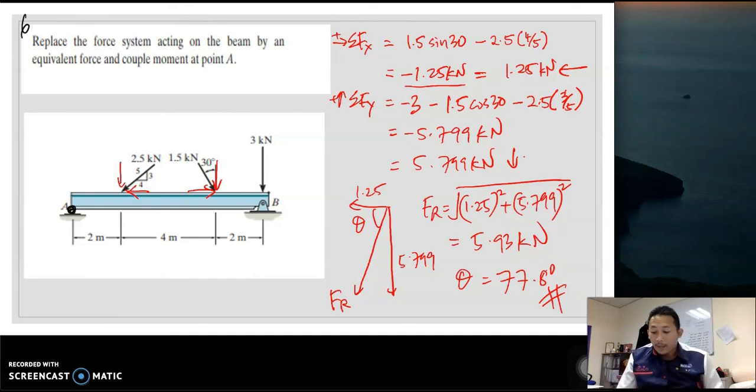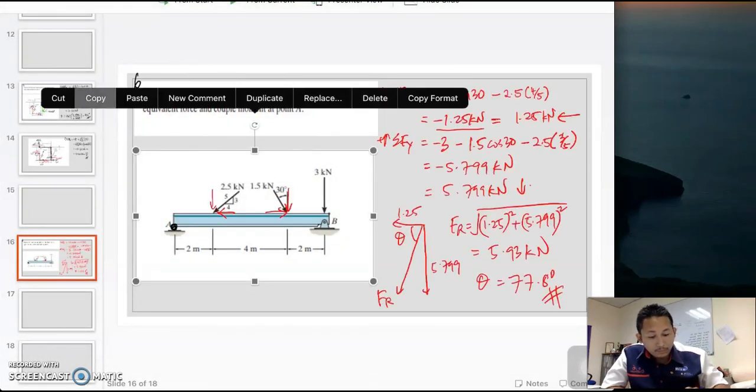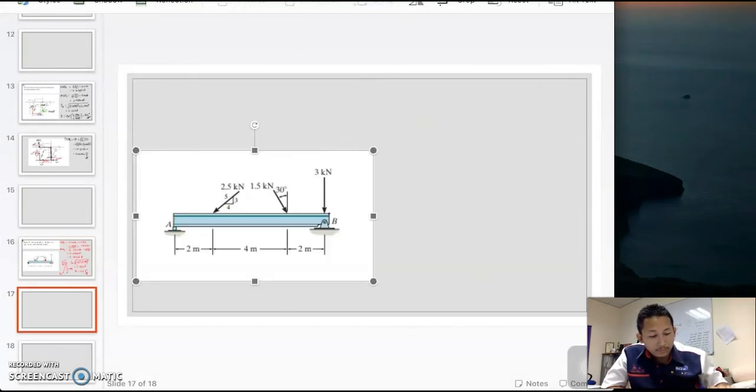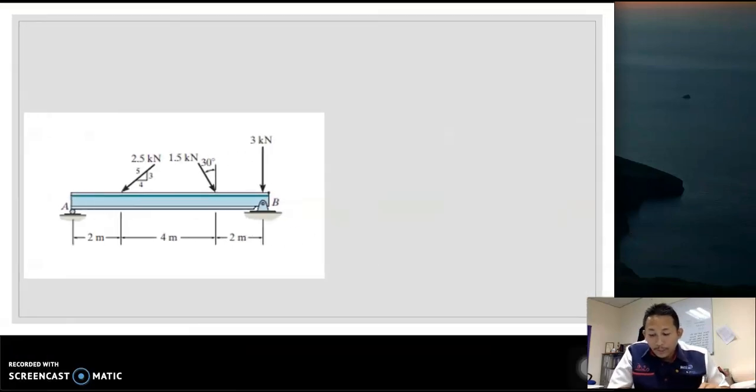And now we want to calculate our moment. So moment at point A. Okay, so moment at point A, we assume as there are no given distance here.